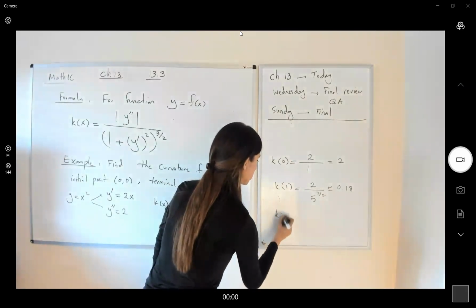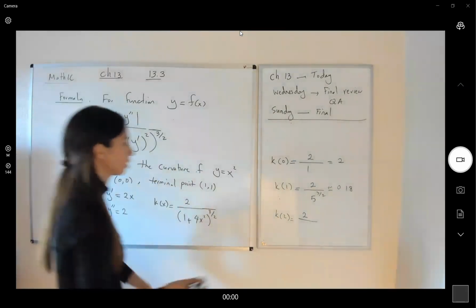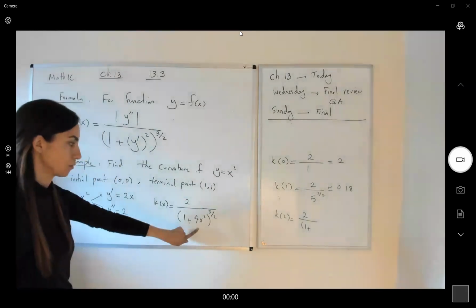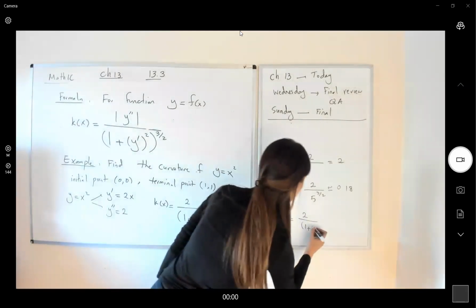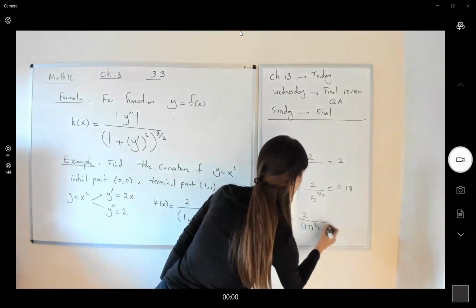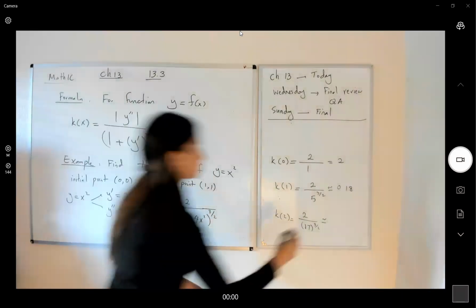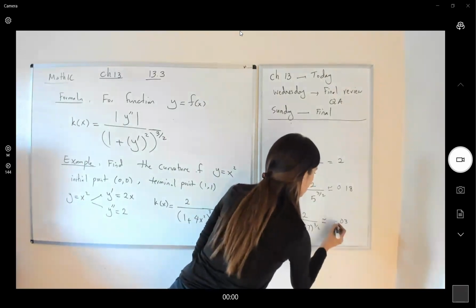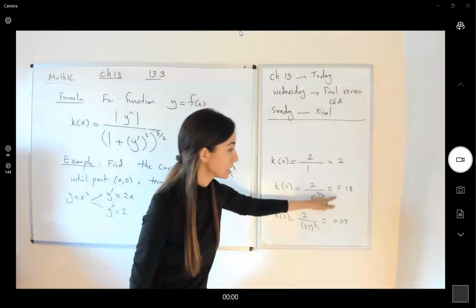For example, curvature at 2 is 2 divided by 1 plus 16, so 17 raised to 3 halves, which is approximately 0.03. So as you can see, the curvature is decreasing.